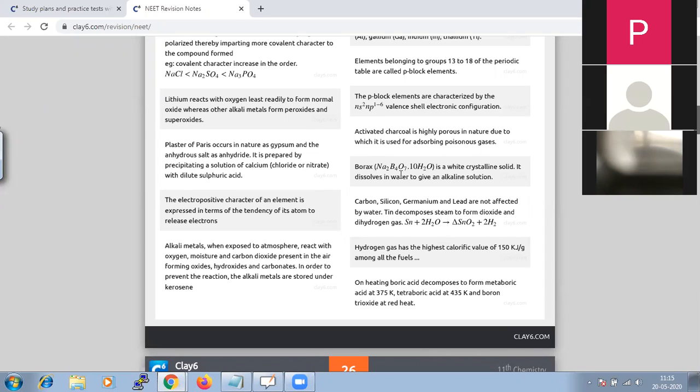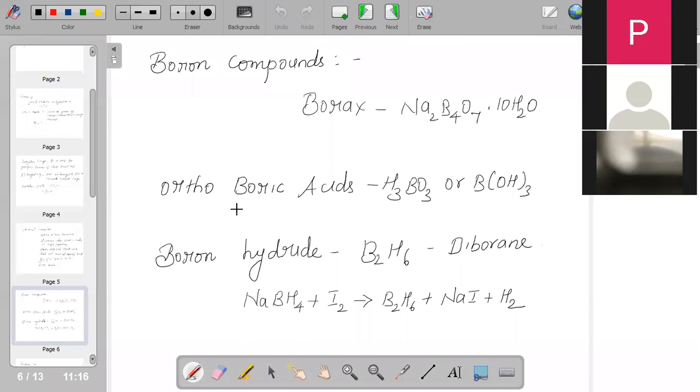Borax is a white crystalline solid and it will dissolve in water to give an alkaline solution. The formula for borax is Na2B4O7·10H2O.